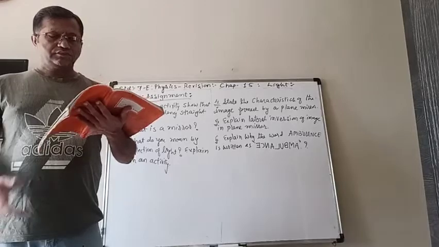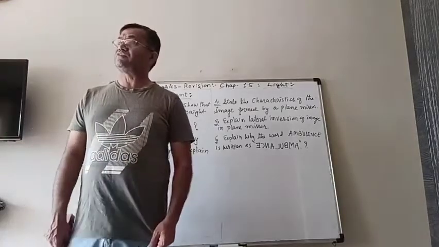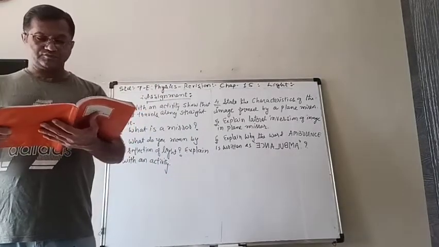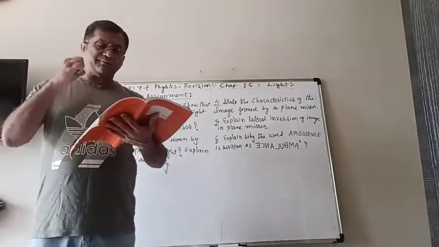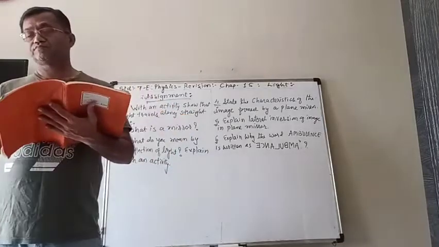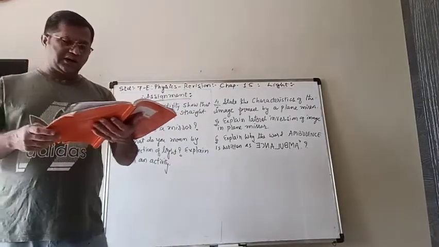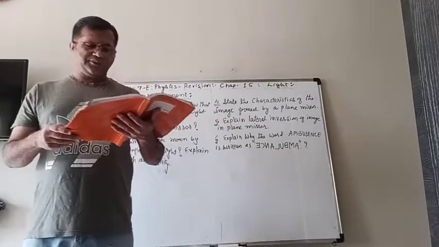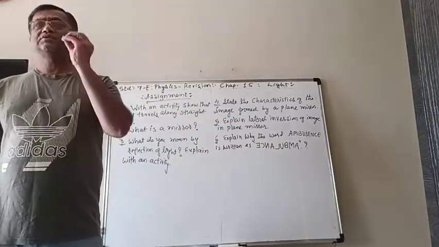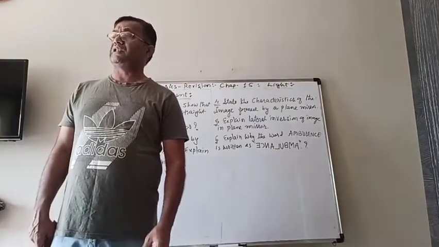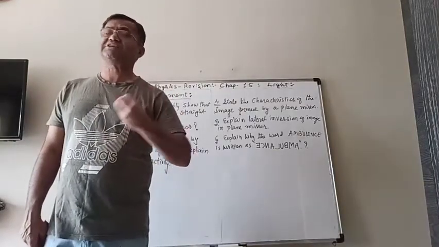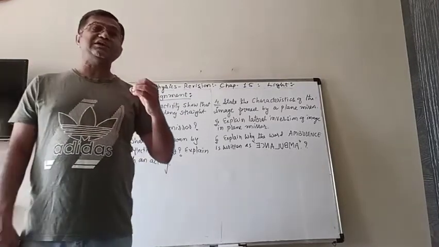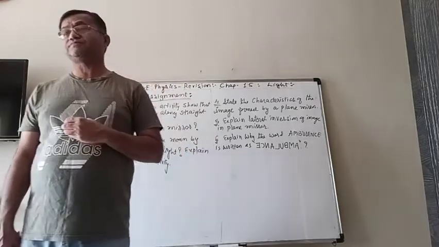Now, what happens to the light when it falls on a shiny or highly polished surface? Generally, if we throw light on a polished surface, it will change its direction.